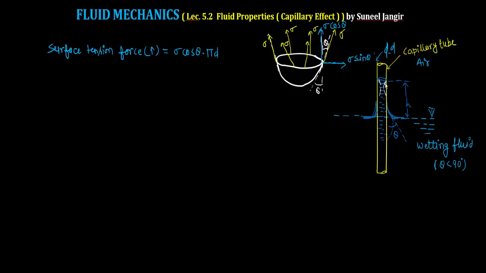Now as this is in equilibrium state, we know the vertically upward force. Upward force is sigma cos theta into pi d. To maintain the equilibrium state, there is also a downward force acting here. As there is a rise of fluid in this tube, there is some mass here, and this mass in the gravitational field has weight, which acts in the downward direction.